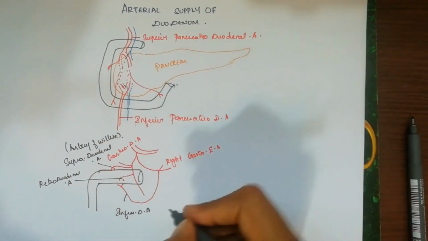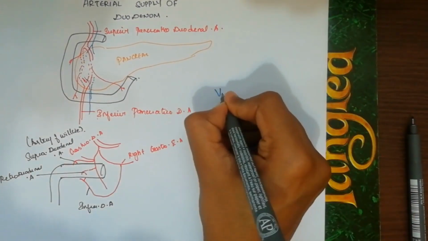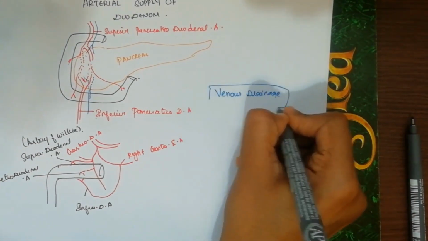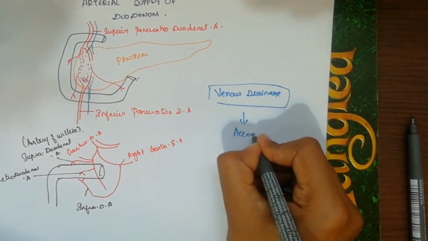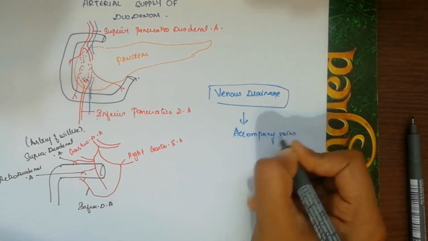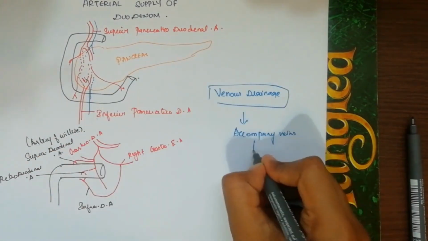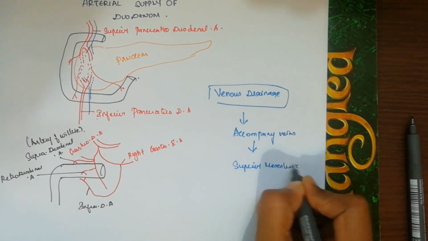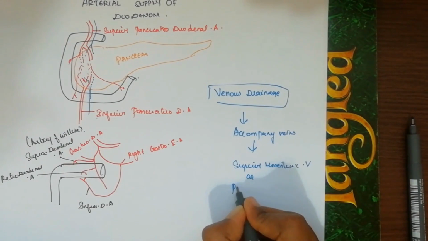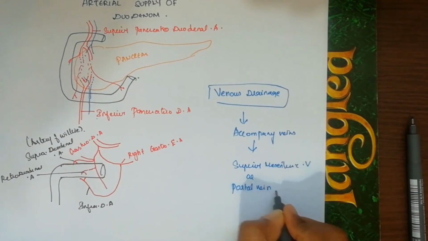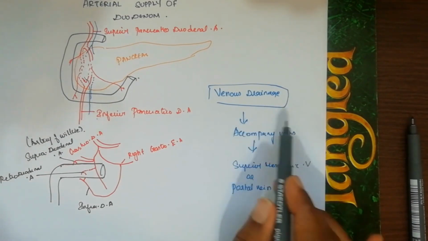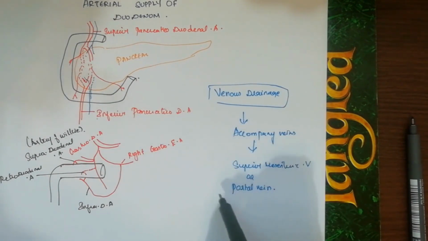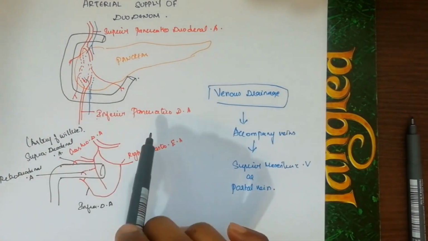For venous drainage, the accompanying veins of these arteries get drained into the superior mesenteric vein or else into the portal vein through its tributaries. So this is how venous drainage happens.